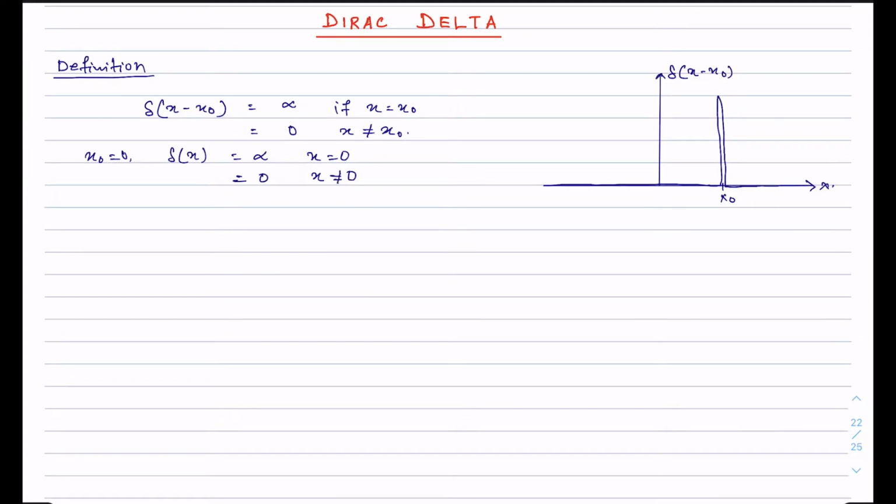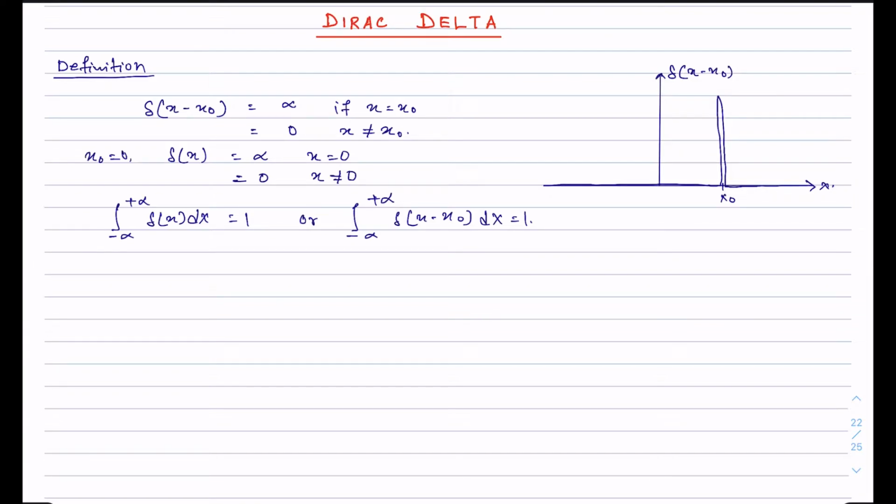And the area under this curve, that is the integration from minus infinity to plus infinity of delta(x) dx, is equal to 1, or the integration from minus infinity to plus infinity of delta(x minus x naught) dx is equal to 1. That is, the area under this Dirac delta function is 1.